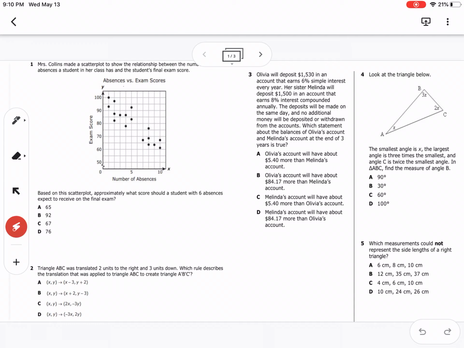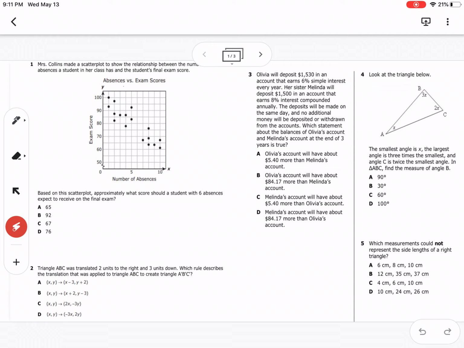Okay, so Ms. Collins made a scatter plot to show the relationship between the number of absences a student in her class has and the student's final exam score. Based on this scatter plot, approximately what score should a student with 6 absences expect to receive on the final exam?